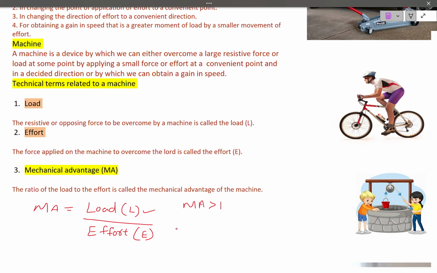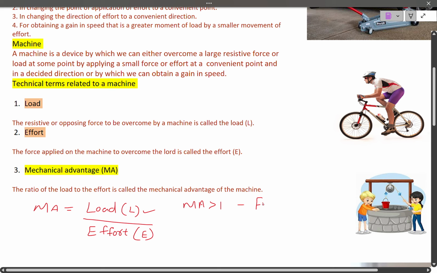Greater than 1 means less effort needed. Effort is less than the load. Then it acts as a force multiplier. The next value it can have is mechanical advantage less than 1.